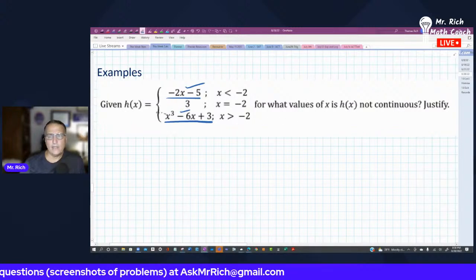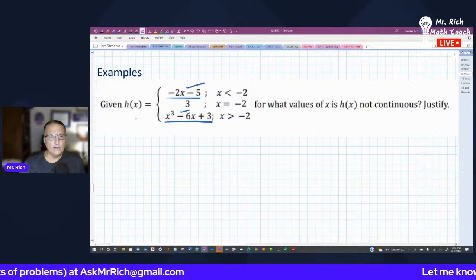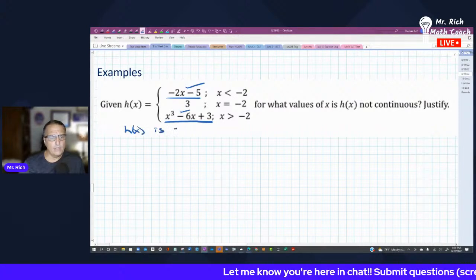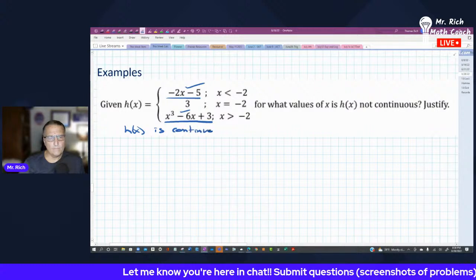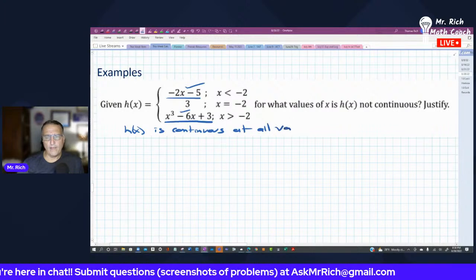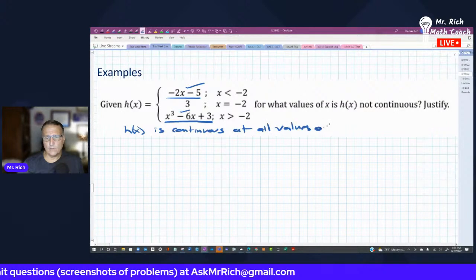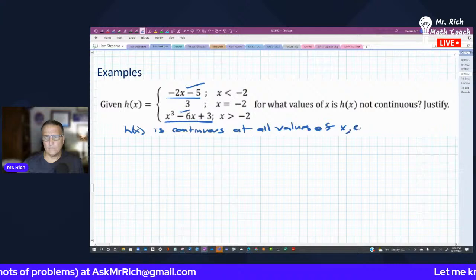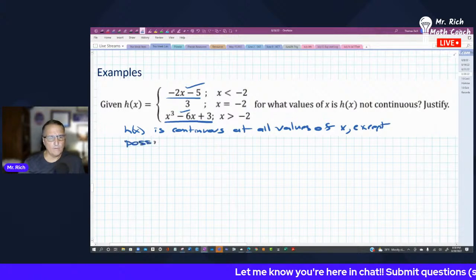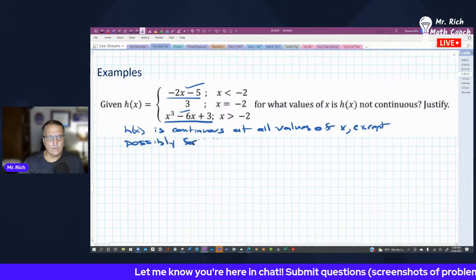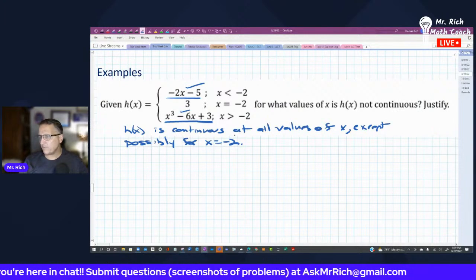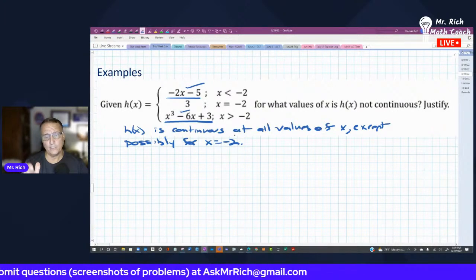So I can say that h of x is continuous at all values of x except possibly for x equals negative 2. But I'm going to check that, right?